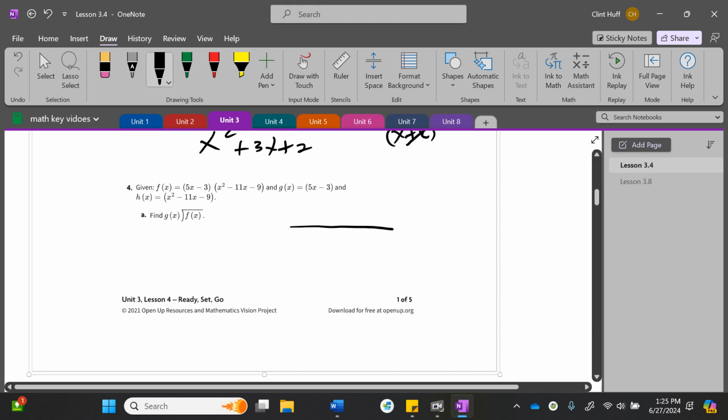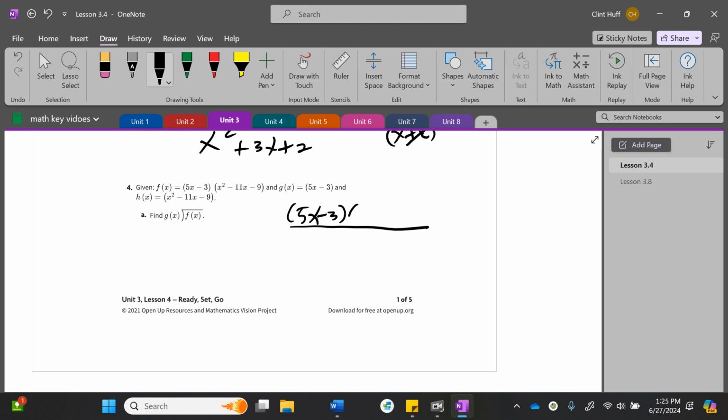Number 4, my numerator is f at x, which is 5x minus 3 times x squared minus 11x minus 9. My divisor is g at x, 5x minus 3. Quotient, x squared minus 11x minus 9.